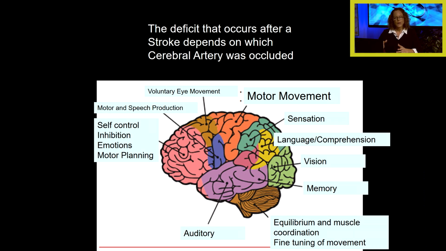So you can look at all the different areas of the brain where voluntary eye movement happens, where motor and speech production originate, where motor movement originates in that motor strip, sensation, that's the input, the signals that we're getting from the body, sense of smell, taste, touch, our language comprehension, our vision, our memory. All these different parts of the brain can be affected due to different strokes in different places.